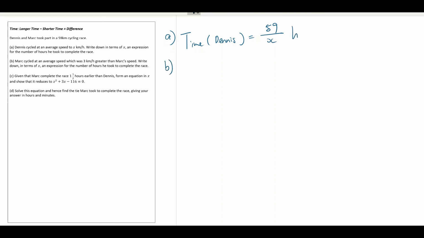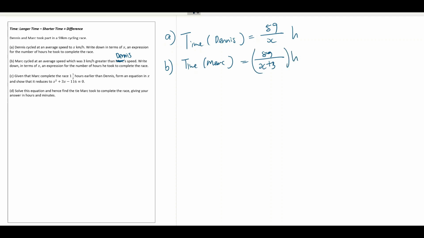B. Mark cycled at 3 km per hour faster than, sorry, this should be Dennis. Write down the amount of hours, same thing. So the time for Mark is equal to 59 over x plus 3.